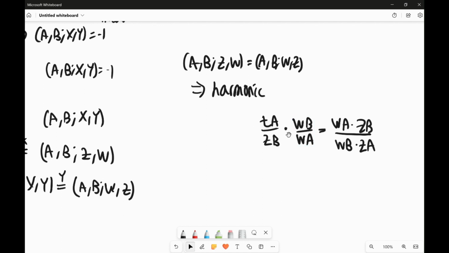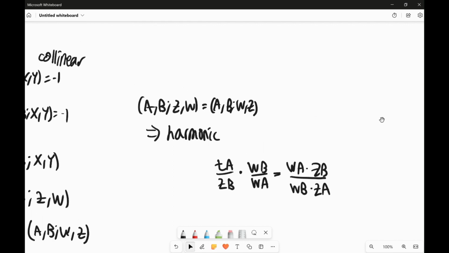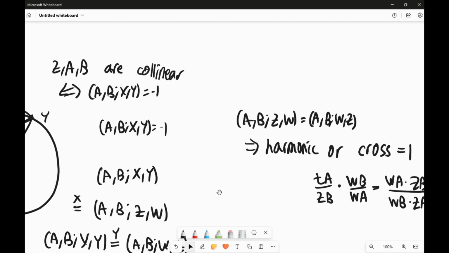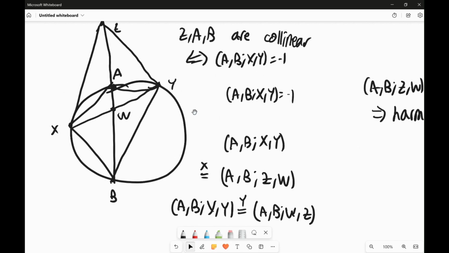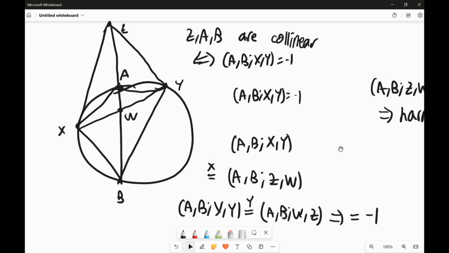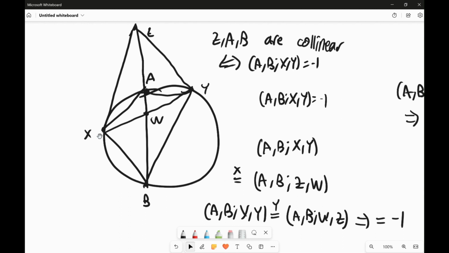So either they're both equal to 1 or they're both equal to -1. I should add that the cross ratio equals 1, so it's plus or minus 1. So in the case that they're overlapping, it must be harmonic. And because they are overlapping, this means that it's equal to -1. And therefore, this cross ratio (A, B; X, Y) is equal to -1.